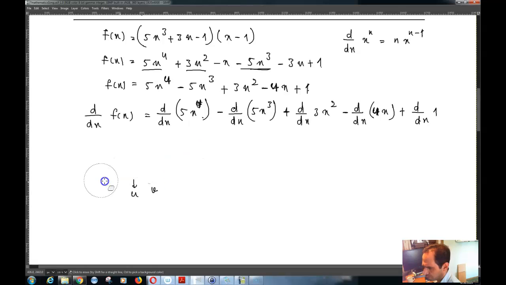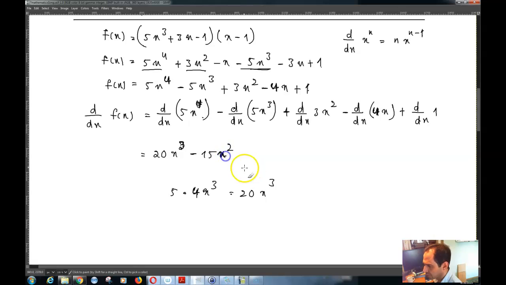Okay, so now d by dx of 5x raised to the power 4 is 5 times 4x cubed, which is equal to 20x cubed. Or 5 times x cubed would give 15 times x squared. Or 3 times x squared would be 6x.